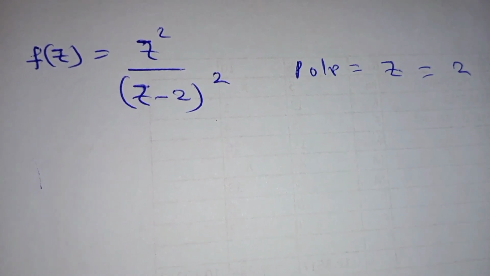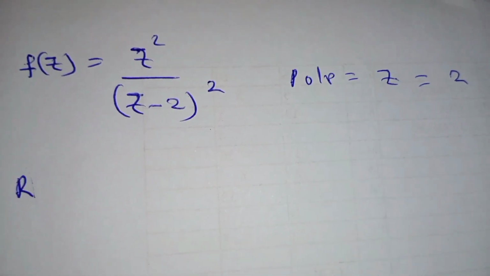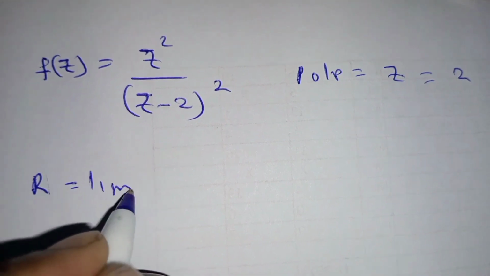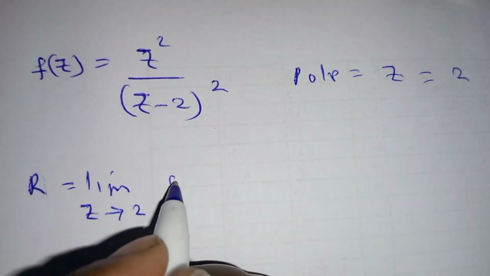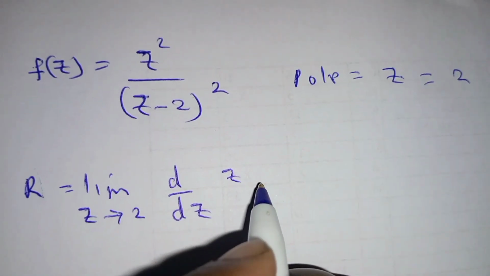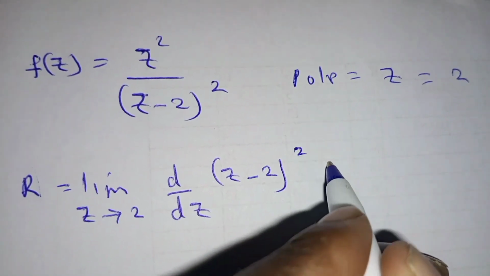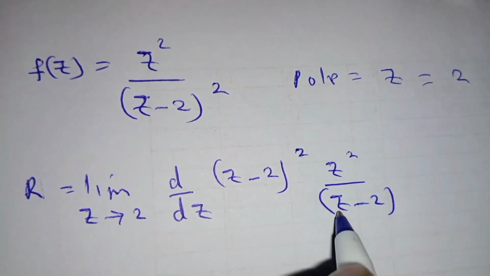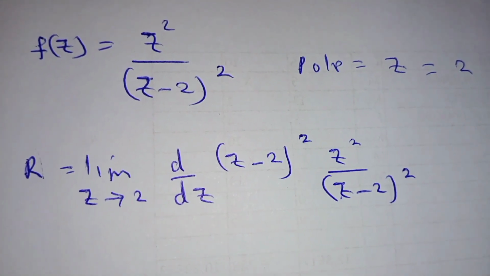It is given by our residue, R stands for residue, will be given by limit as z tends to 2, first derivative with respect to z of (z minus 2) squared, then z squared divided by (z minus 2) squared. So that is the part we have there.